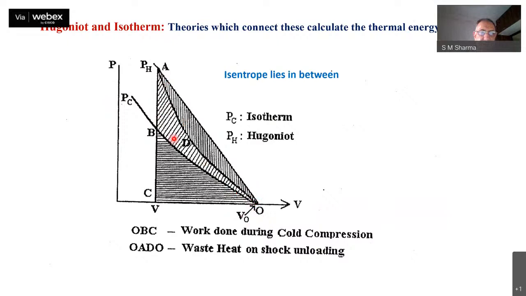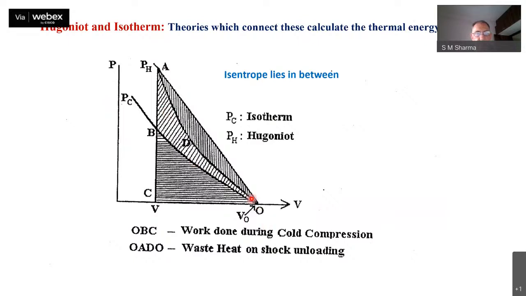This hashed region is the difference, and mostly the differences are in terms of the heat energy, or otherwise the defect energy which goes into the defects or anything else which alters the shock state. So when one starts from a calculated cold compression curve or an isotherm and tries to deduce a Hugoniot, one is trying to estimate what contributions account for these differences.